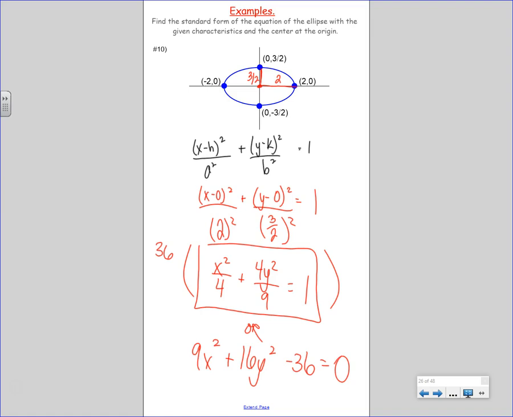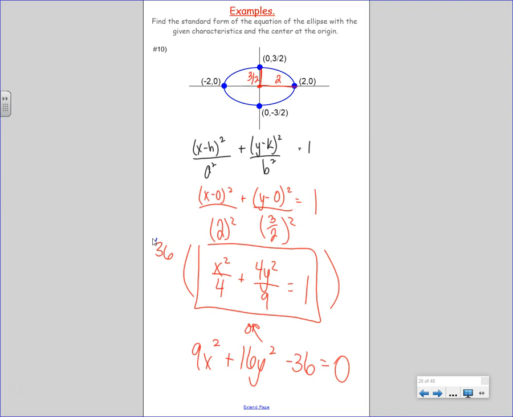Subtract it, and that would have been the conic section standard form. And if you notice, the x is squared, the y is squared, there's an addition in between, but the 9 and 16 don't match.